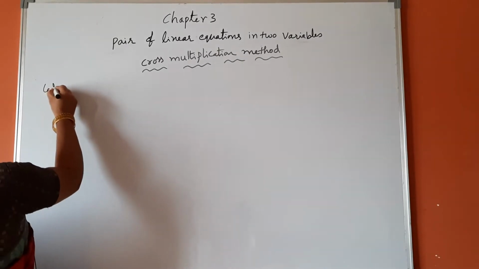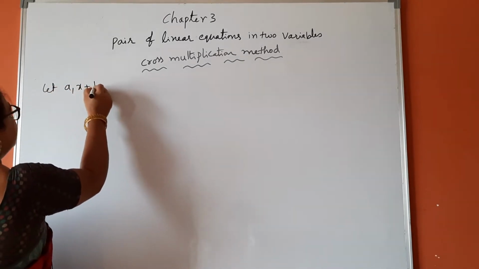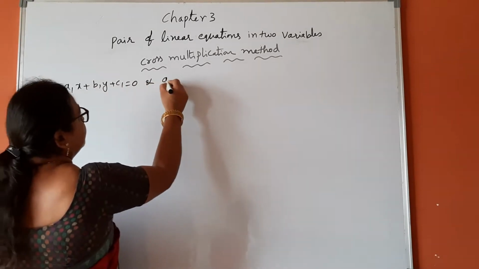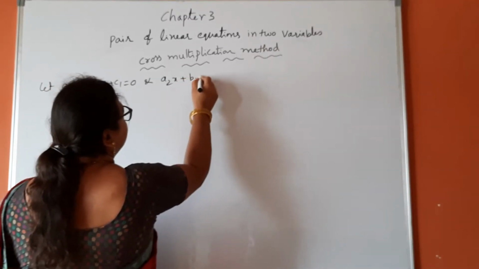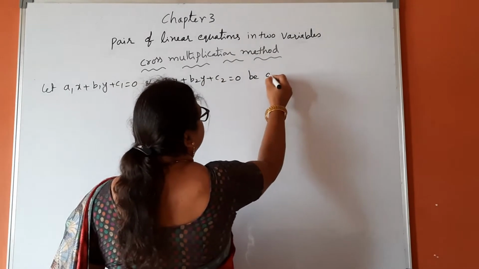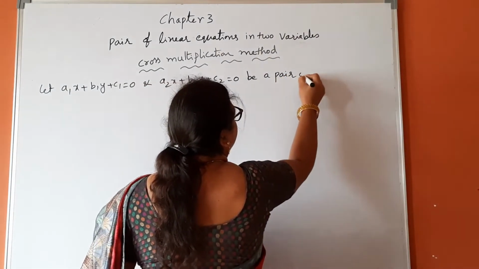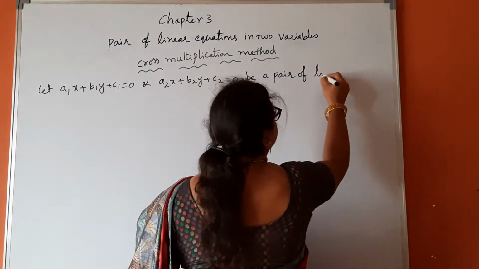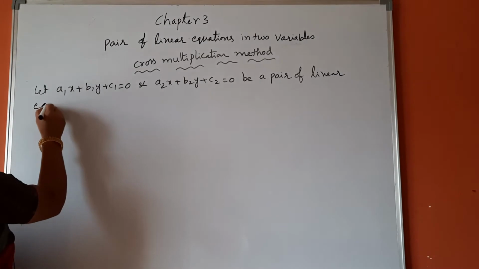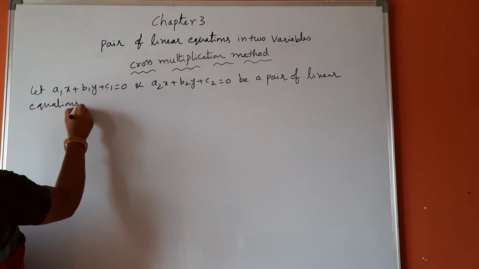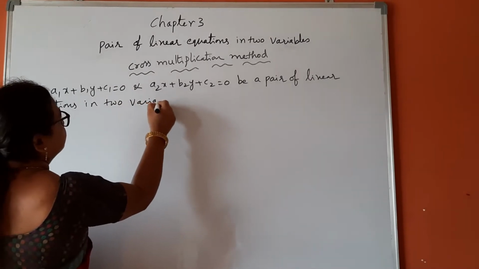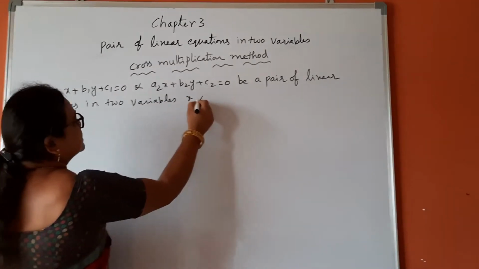Let a1x plus b1y plus c1 is equal to 0 and a2x plus b2y plus c2 is equal to 0 be a pair of linear equations in two variables x and y.